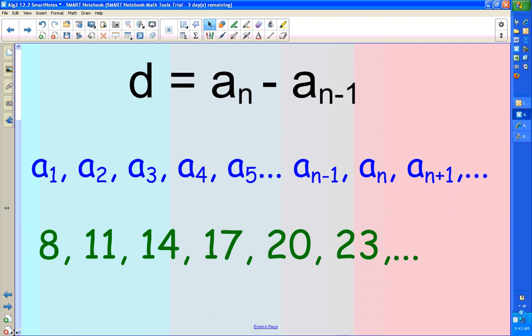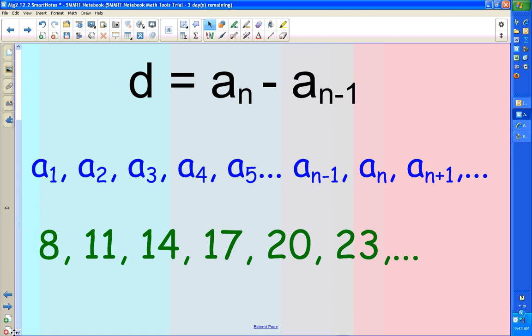So when you look at a sequence a sub 1, a sub 2, a sub 3, a sub 4, a sub 5, a sub n minus 1, a sub n, a sub n plus 1, any two consecutive terms, take the one on the right, subtract the one on the left. 17 minus 14, 23 minus 20, 11 minus 8.